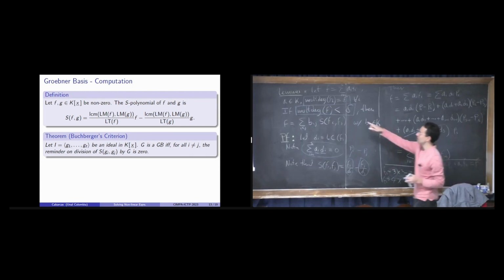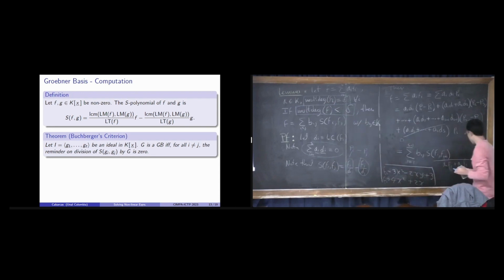But the leading monomial of f is strictly less than the leading monomial of the f sub i's. So what this condition is saying is that when you do this combination, the leading monomial of f is less than x squared.